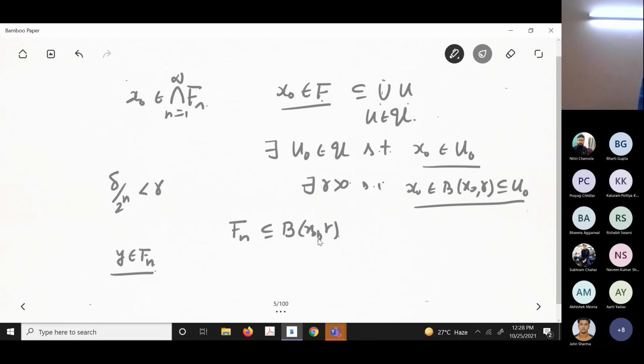You need to show that Fn is contained in this. Now if y belongs to Fn, you have to show that d(y, x naught) is less than R. One can easily see that Fn is contained in B(x naught, R).